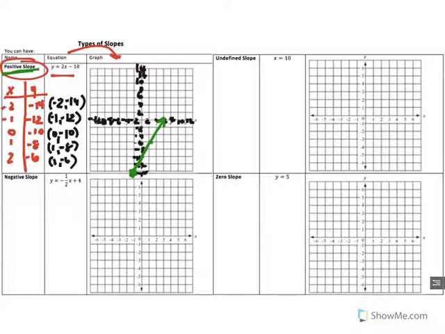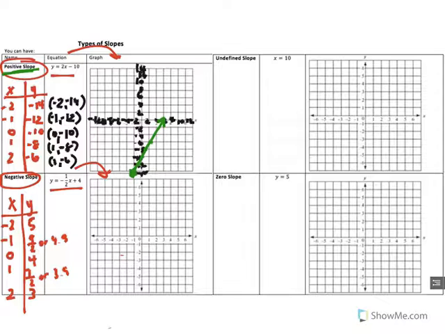So now let's do the negative slope one. They say this equation, when graphed, creates a line with a negative slope. So let's see if this is true. So I put these values into the table, and I got points here.